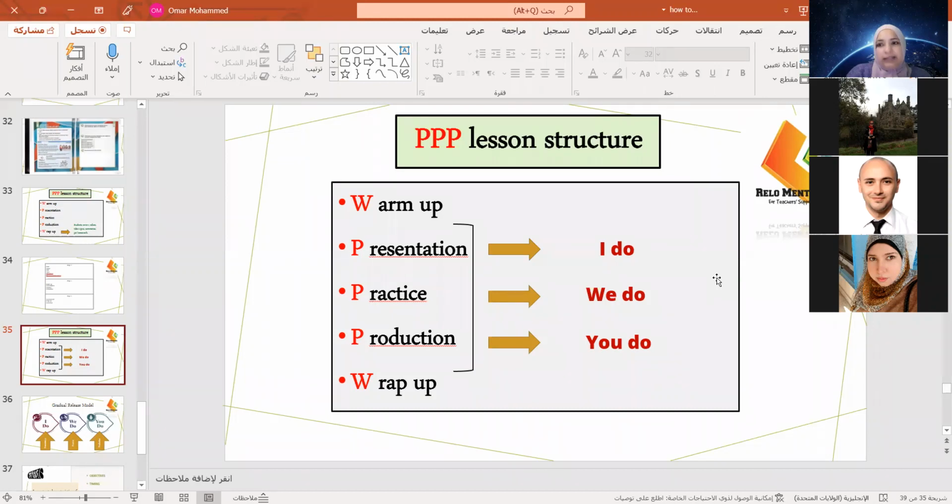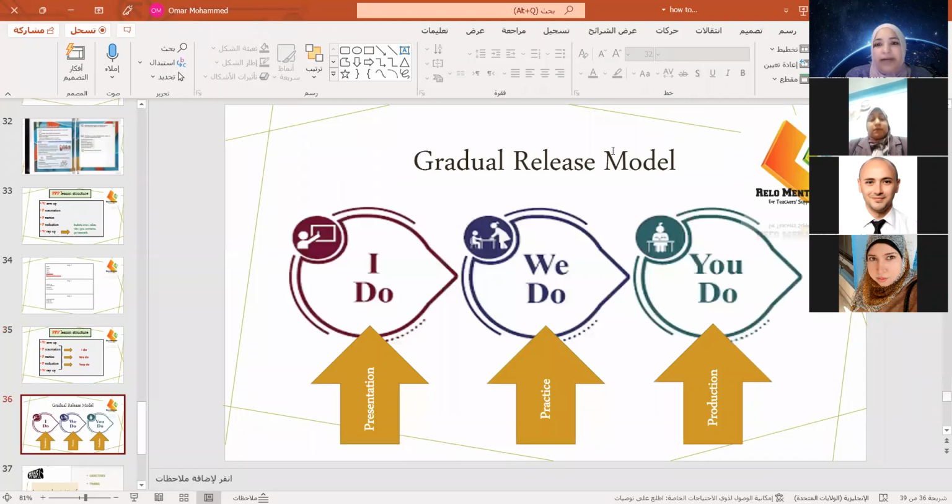Then the next stage, we do: I do with the students or with the good students to show the rest of the class how we do it, or I let the students do with guidance, and then I leave it to the students completely in the third stage, which is you do. This model we call the gradual release model. I do is presentation, we do is practice, and you do is the production.